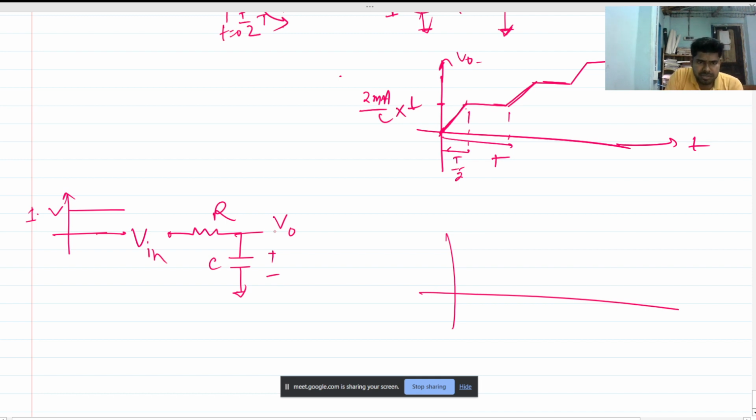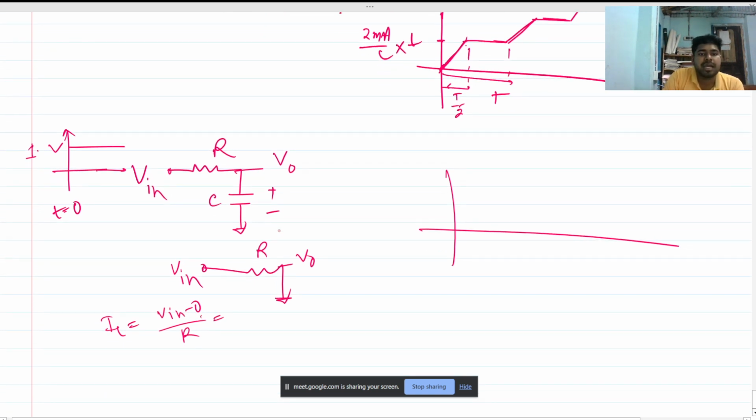No, because at t equals 0 the capacitor becomes a short circuit, so this resistance makes the current through the capacitor finite. IC at t equals 0 is V in minus 0 divided by R, a finite value, so there is no sudden jump in the voltage across the capacitor. The initial condition is also 0, so at t equals 0 the output voltage is 0.